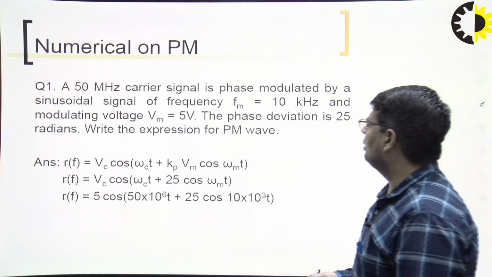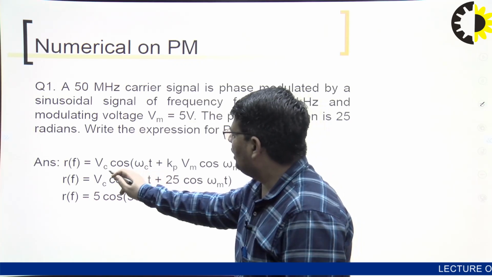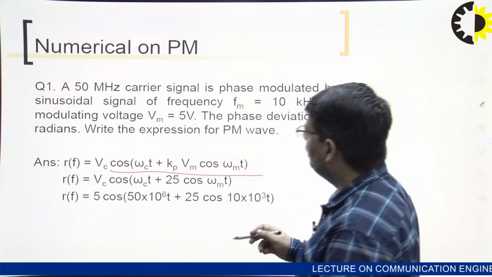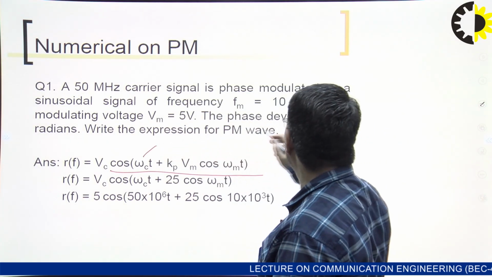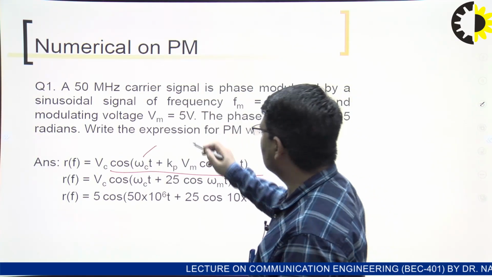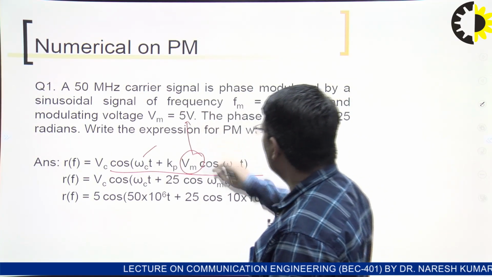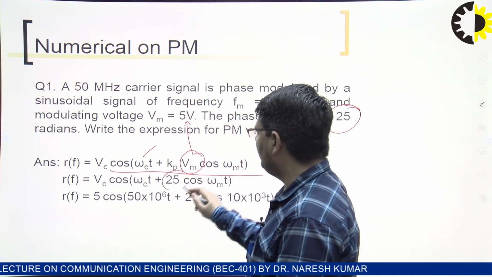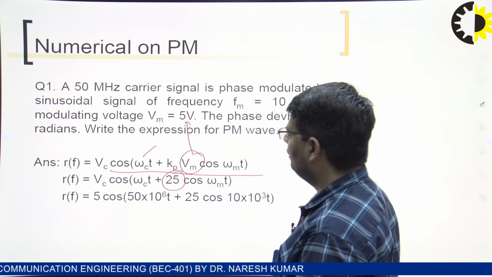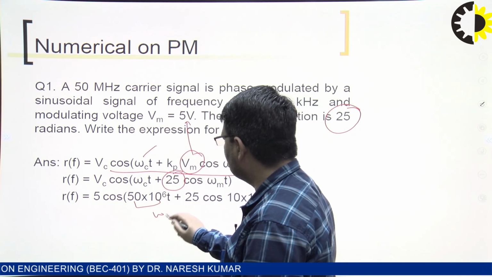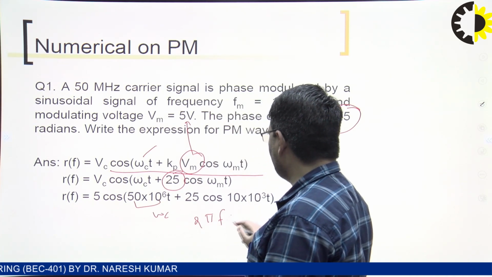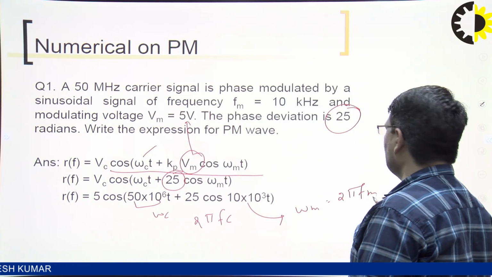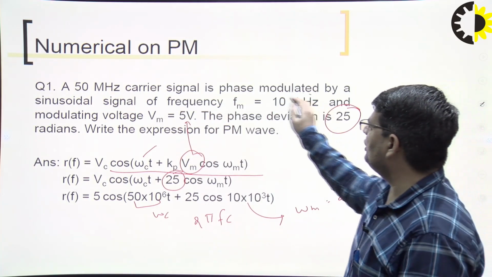Similar to the previous numerical, we can write the standard equation for the phase modulation from the given values. Omega c can be calculated using this fc, where Vm is 5 volt, phase deviation is 25, omega c is 2 pi fc, and omega m is 2 pi fm.